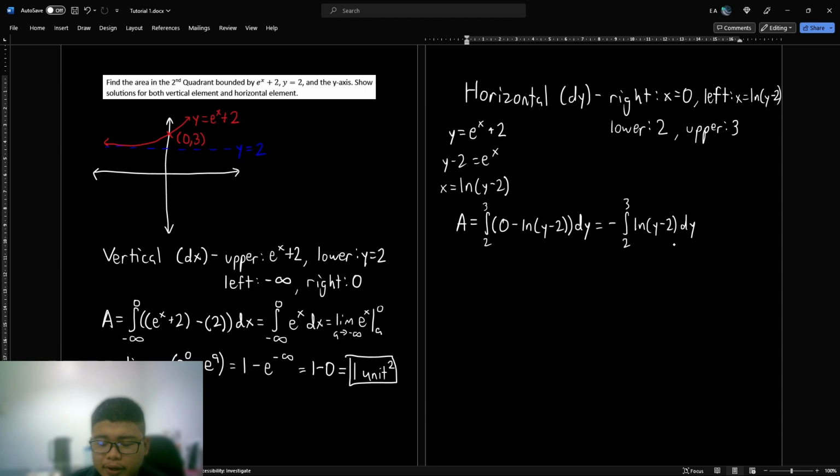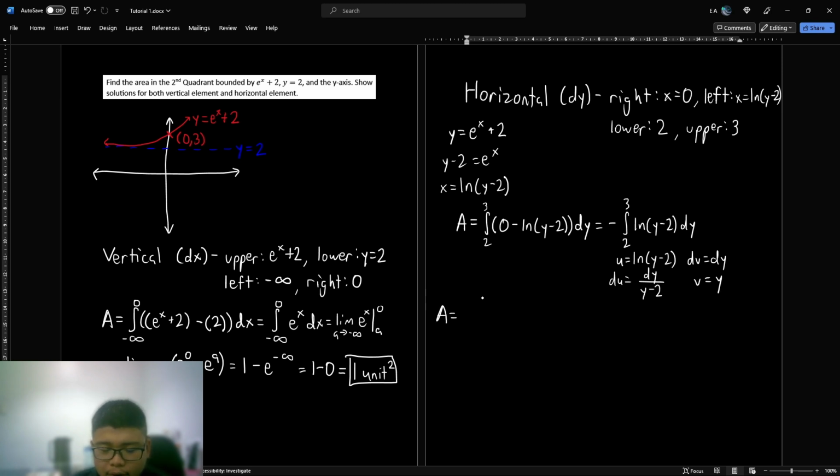Here we are actually forced to use integration by parts, where u is equal to ln of (y minus 2), so du would be equal to dy over (y minus 2), and our dv would be equal to dy, so our v would be equal to y.